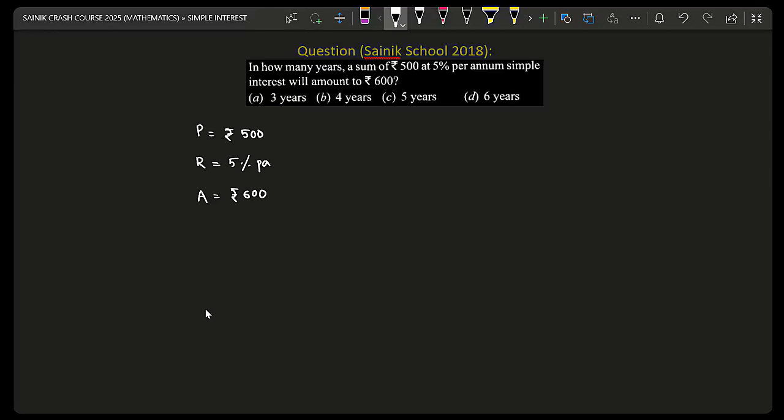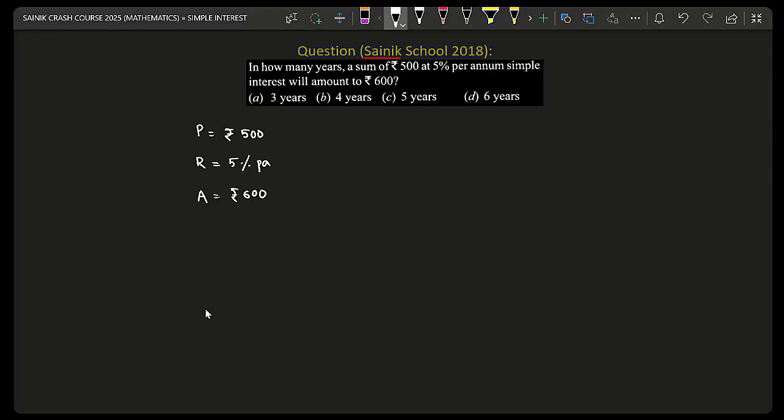How to solve this? In the previous example we discussed that whenever the question involves amount and principal both, I suggested using one formula. What is it? We used that formula many times in paper discussions.